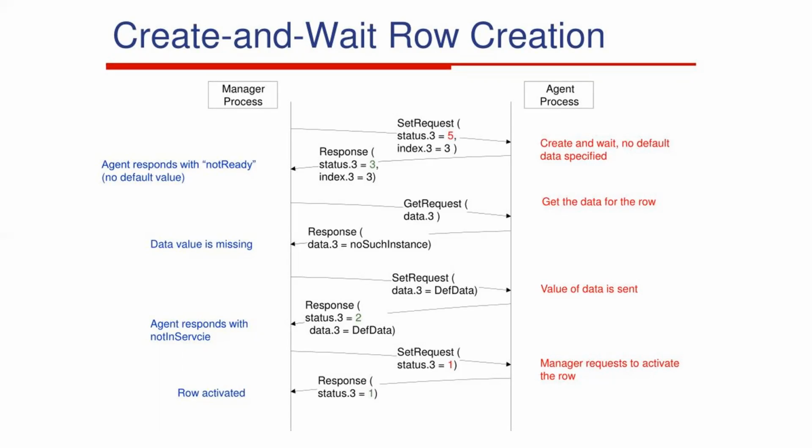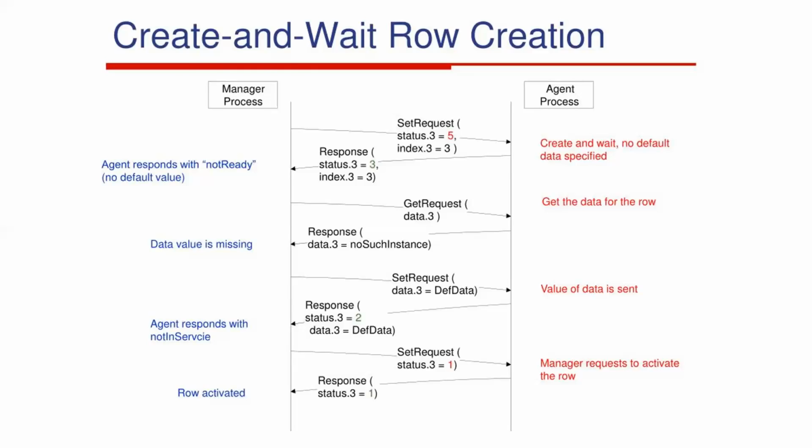The manager subsequently sends the value of the data and receives a response of not in service from the agent. The fourth and final exchange of messages in the diagram is to activate the row with a status value of 1. With each message received from the manager, the agent either validates or sets the instance value on the managed entity.